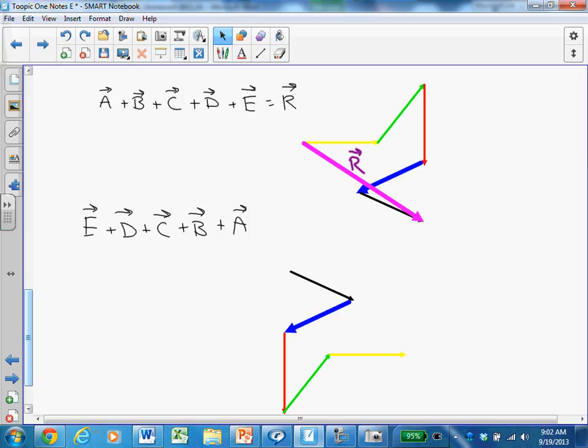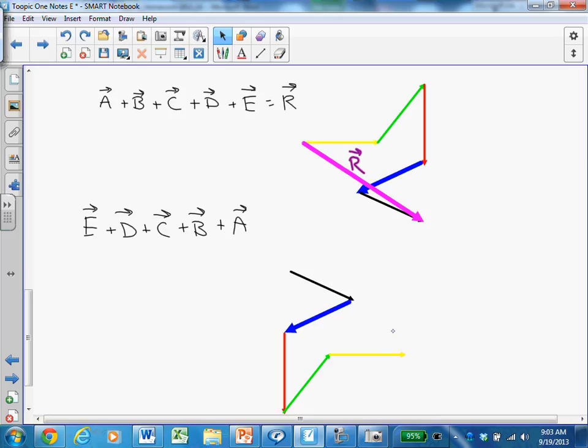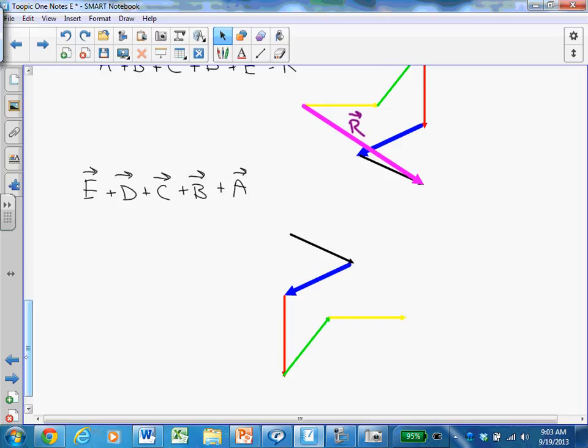All right, now you grab R and place it where you think it should go.